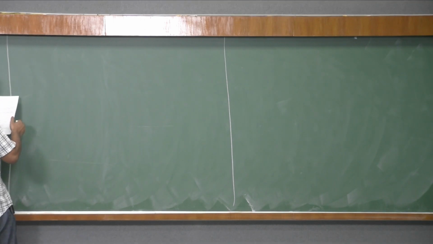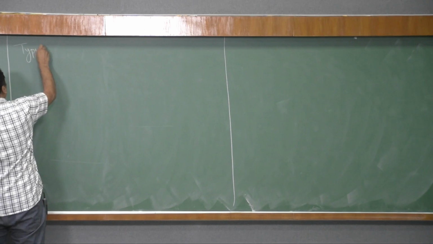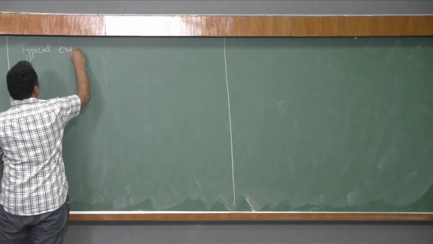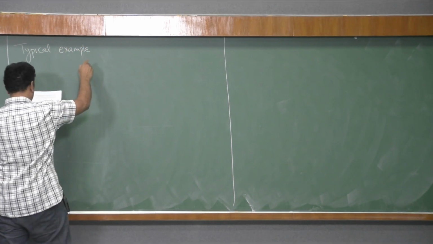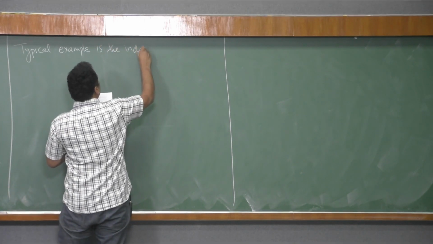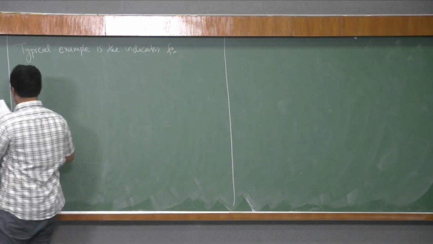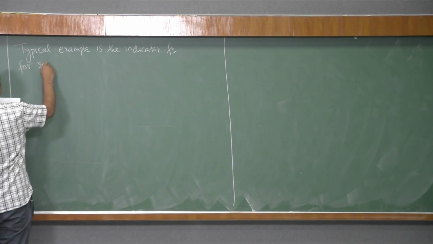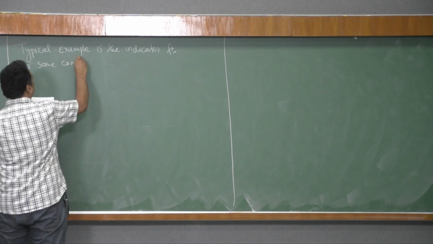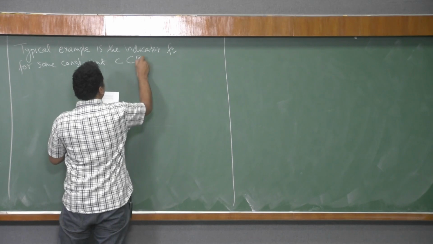So in this case the typical example is the indicator function for some constraint set C, which is a subset of R^d.